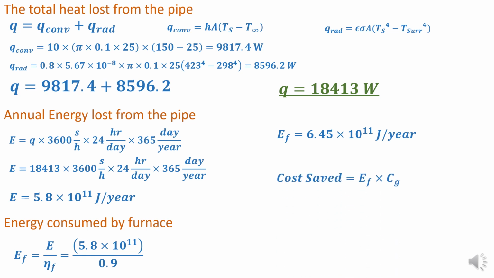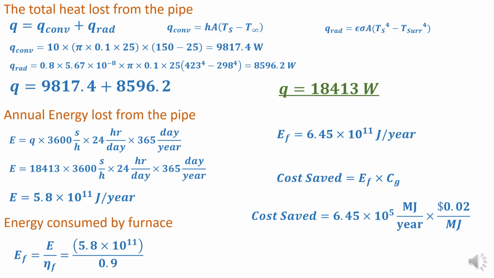Now we are going to determine the cost saved if you apply the insulation. Cost saved will be the product of energy loss and the cost required to generate that energy, which is $0.02 per megajoule.